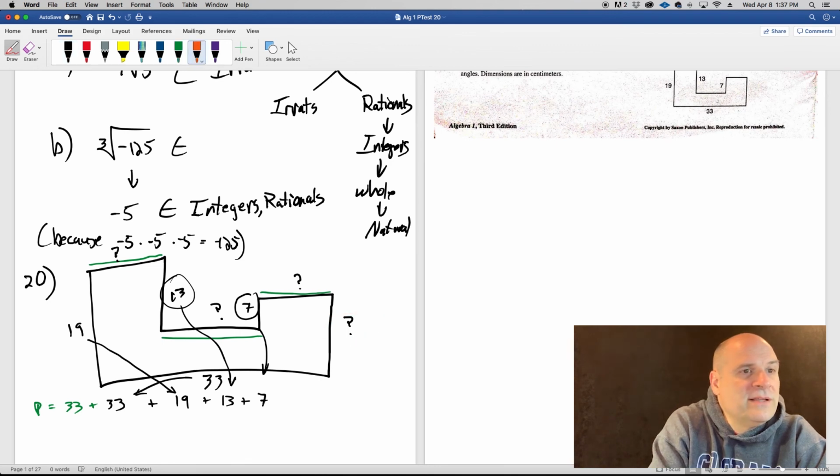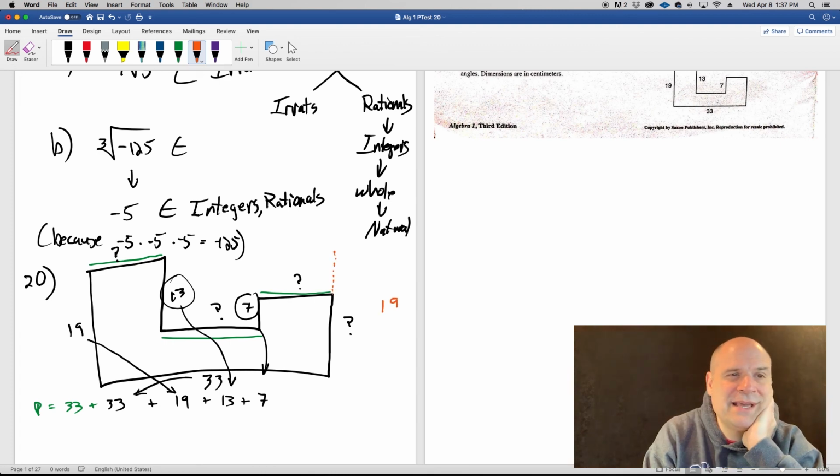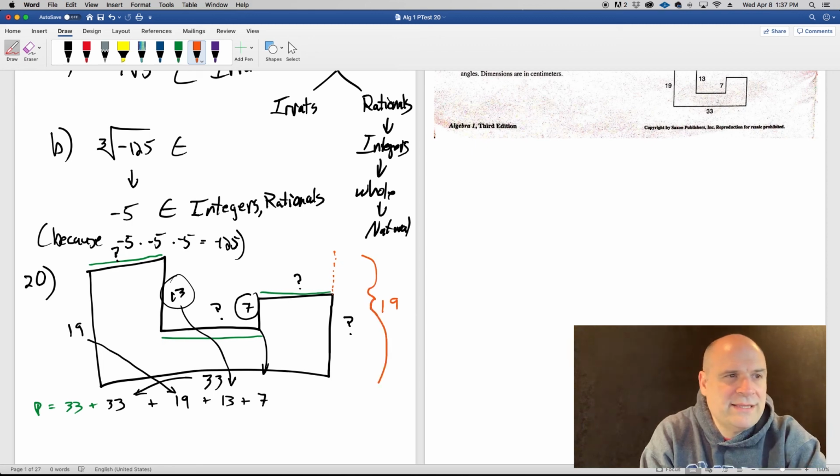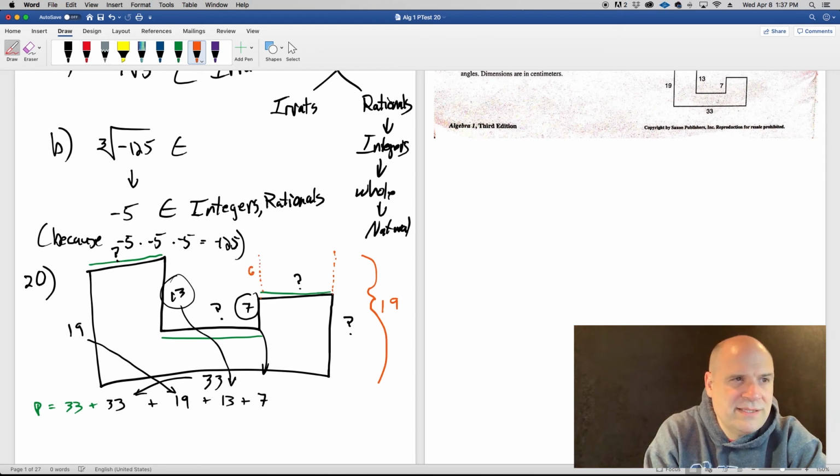So if I figured out this line right here, this whole thing has to add up to 19, right? This whole thing has to add up to 19. Well, that means this guy is gonna be 13, so this has to be 6. So if this is 6, then what's this? Well, 19 minus 6 is 13.